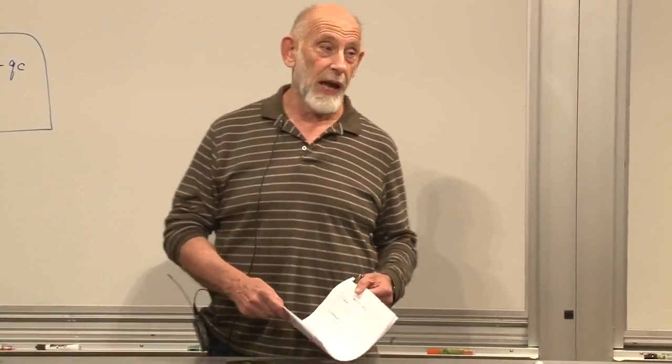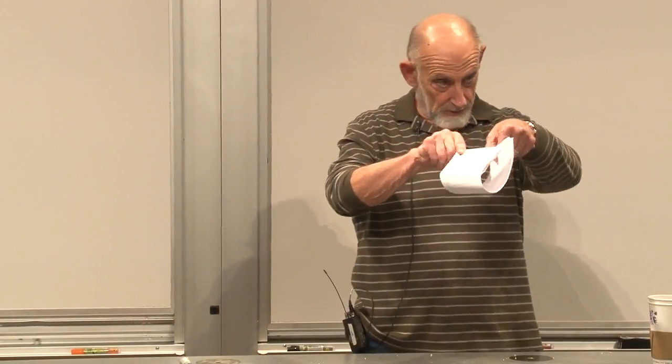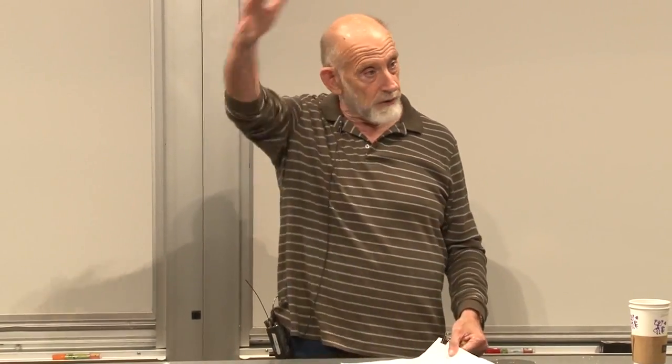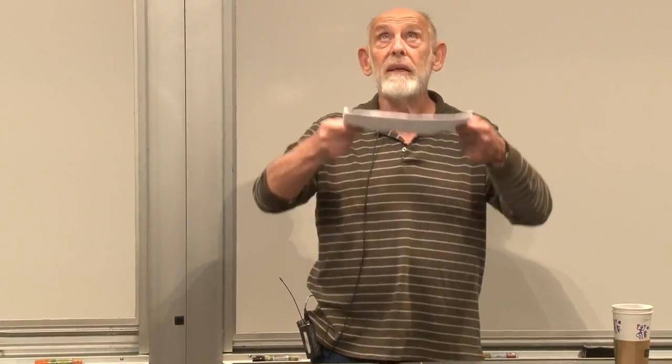Now, technically, it introduces what's called extrinsic curvature. Extrinsic curvature has to do with the way a space, in this case the page, is embedded in a higher dimensional space, the three-dimensional space of this room. Here's the page. When the page is laid out flat like that, it's embedded in the embedding space in one way.